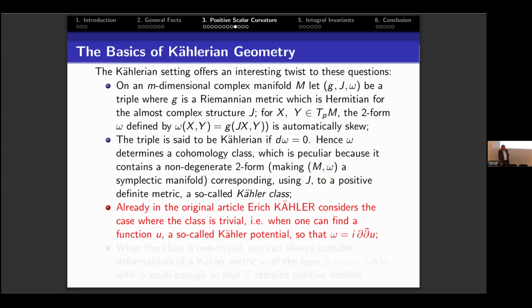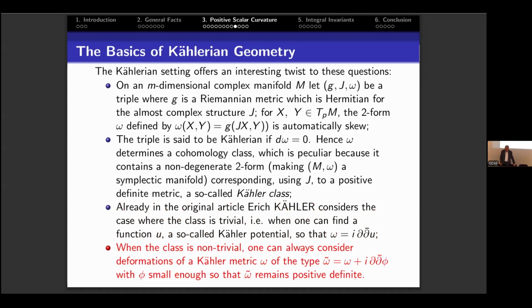In the original article by Erich Kähler in the 1930s, he considered the case where the class is trivial, that is, where you can find a function u, the so-called Kähler potential, so that ω is i∂∂̄u. So it's an exact form, if you want.